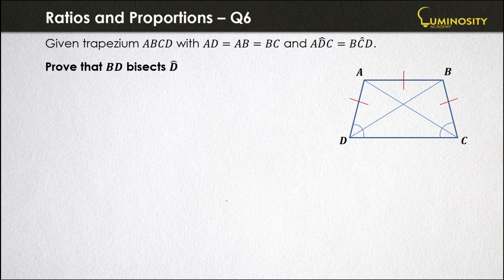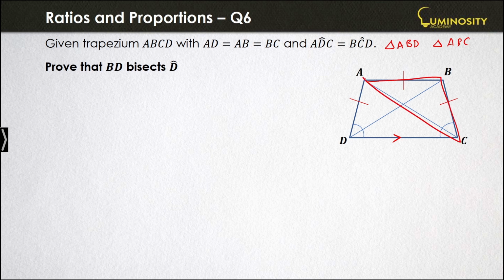First of all, because it's a trapezium, we know that two opposite sides must be parallel. In this case, AB is parallel to DC in this figure. We're also given three equal lengths here, and I've noticed two triangles. Triangle ABD, which is this one here, and then triangle ABC, which is this triangle here.